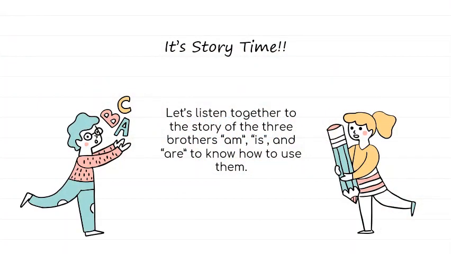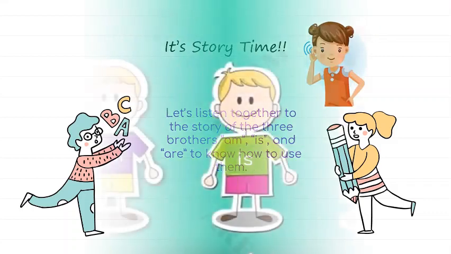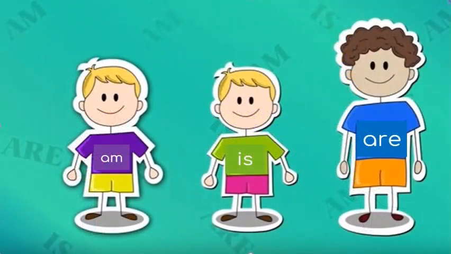Now, it's story time. Let's listen together to the story of the three brothers, am, is, and are, to know how to use them. Once upon a time, there were three brothers, am, is, and are.